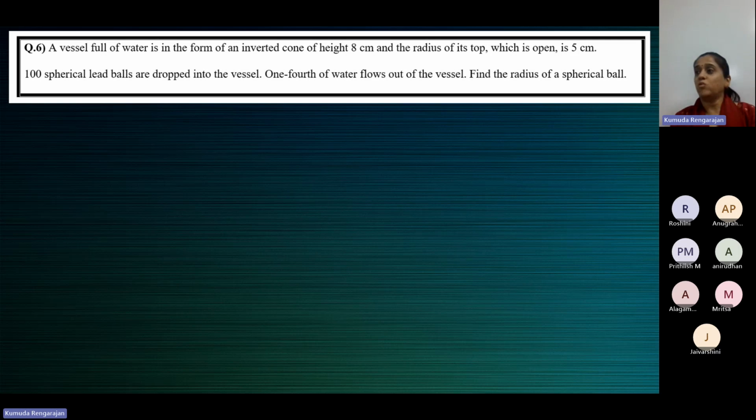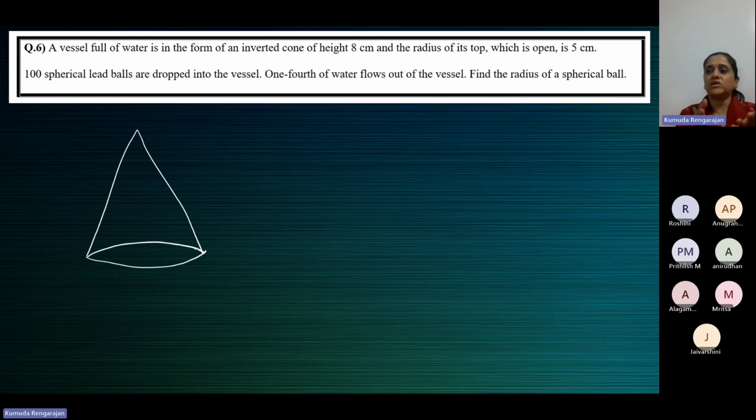A vessel full of water is in the form of an inverted cone. Why inverted cone? Because a cone is like this. This is how you draw a cone, meaning it should sit on its circular base, right?